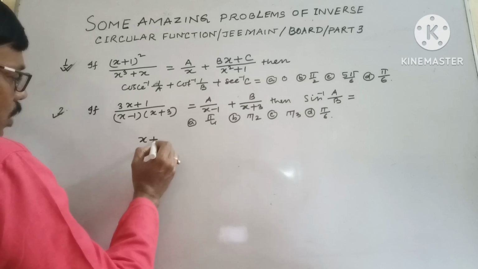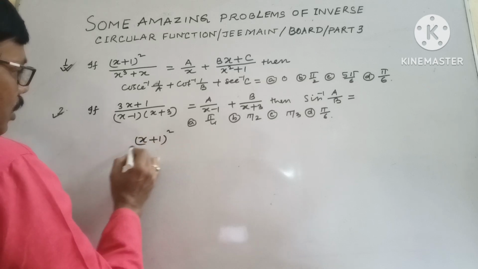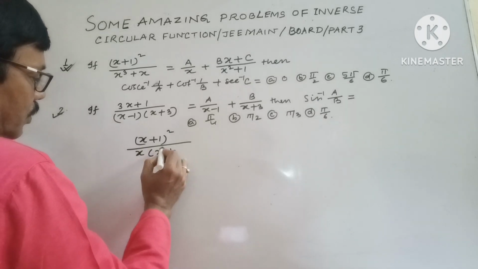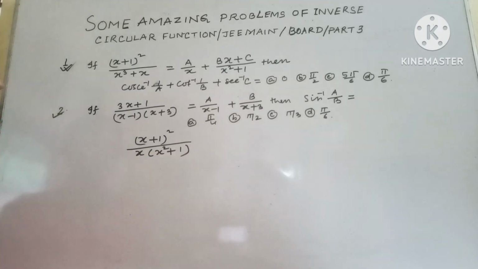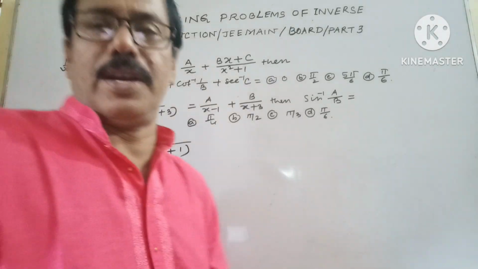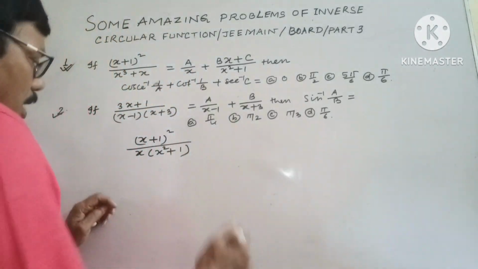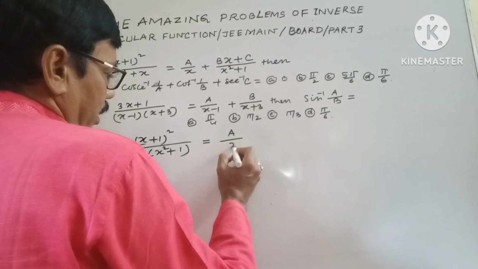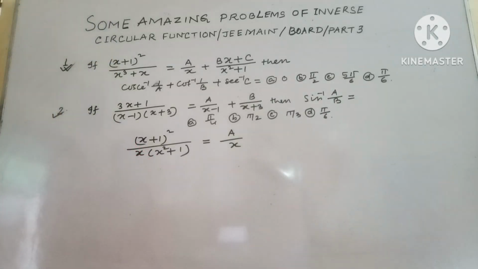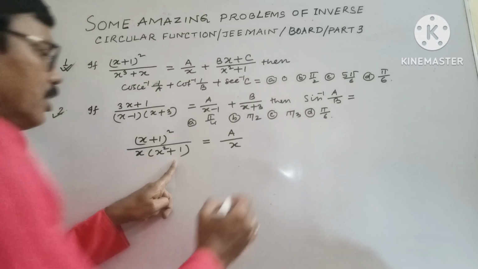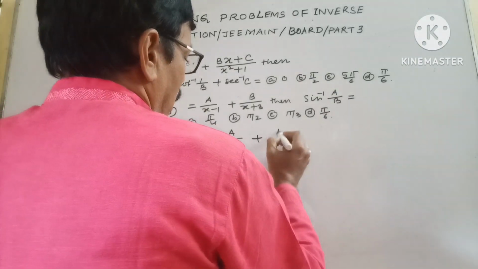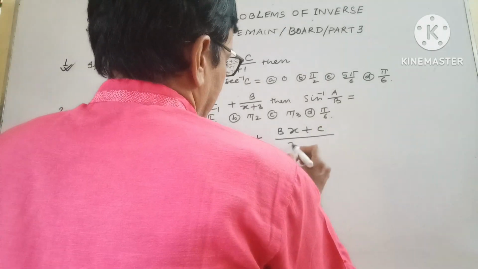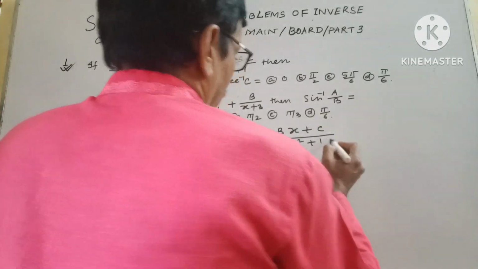So x³ + x, if you take x common, this is x(x² + 1). So linear and quadratic factor. For a linear factor you get A/x, and for a quadratic factor this is Bx + C, so that is why it is given in this form.